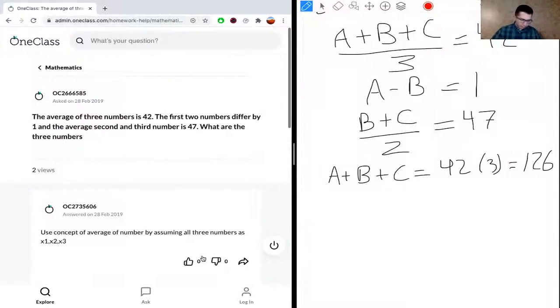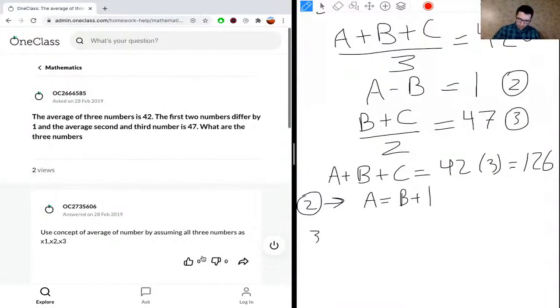And then the next thing we would do is rearrange equation 2. We'll number these 1, 2, 3. So equation 2, we'll say A is equal to B plus 1. And then equation 3, we'll rearrange, so B plus C is equal to 47 times 2.